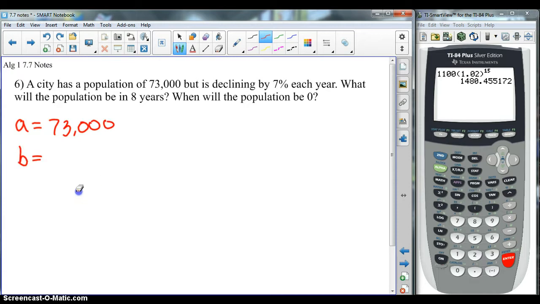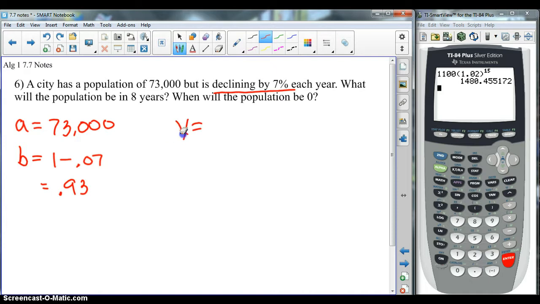B is our multiplier. Now this time, you got to think just a little bit. It's declining by 7%. So instead of adding that 7% to 1, we're going to subtract 7% from the whole, from 1. So our equation will look something like this.